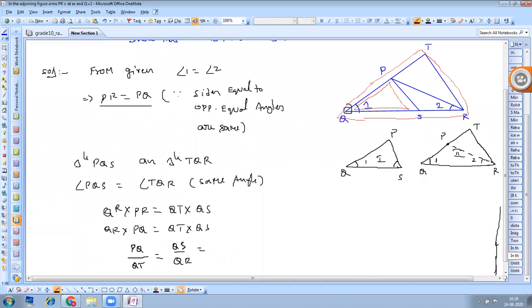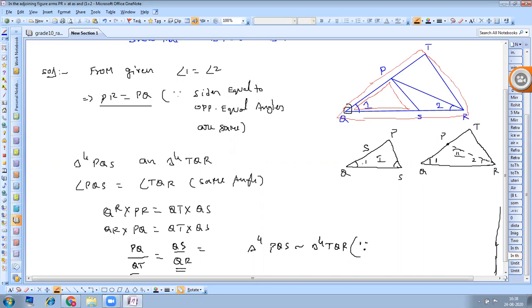Already I proved one angle is same and two sides are in the same ratio. So from here I can write triangle PQS is similar to triangle TQR. Which criterion comes in here? SAS.